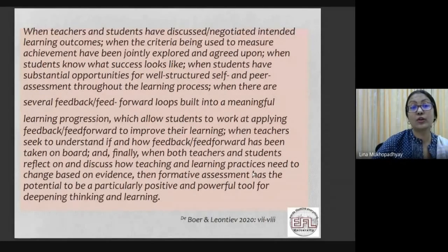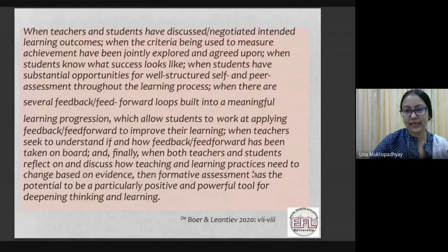It pays a lot of attention to the concept of feedback or feed forward, and to the creation of the assessment as a formative tool.